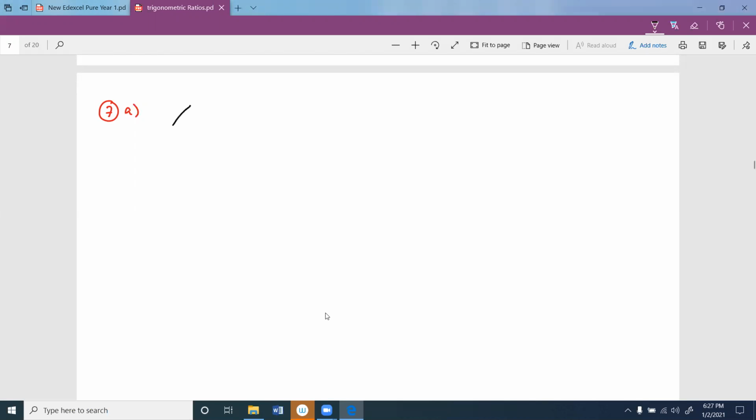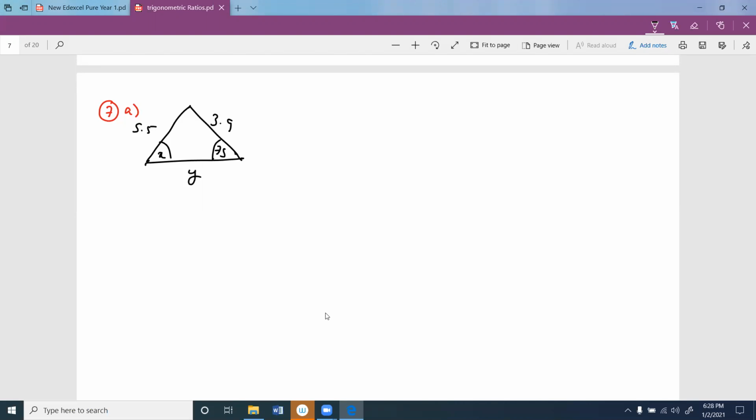It's a shape somewhere like this. They have given 75 degrees, and this is 3.9, and this is 5.5, whereas this is y, and this angle is x. So simply we need to find the value for y.